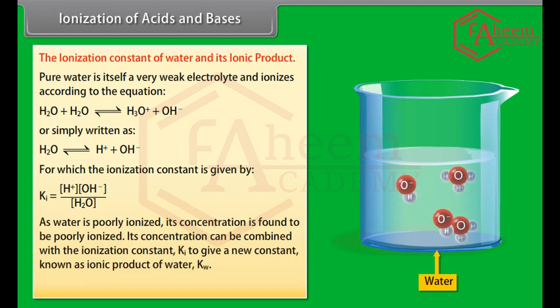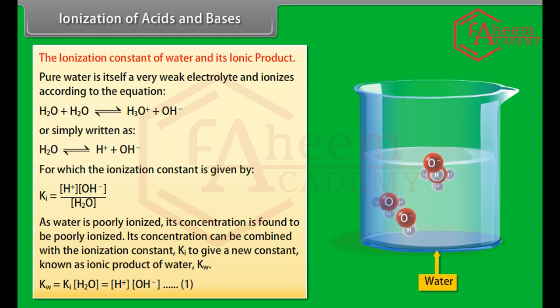As water is poorly ionized, its concentration is practically constant. Its concentration can be combined with the ionization constant, Ki, to give a new constant, known as the ionic product of water, Kw. Name it as equation 1.